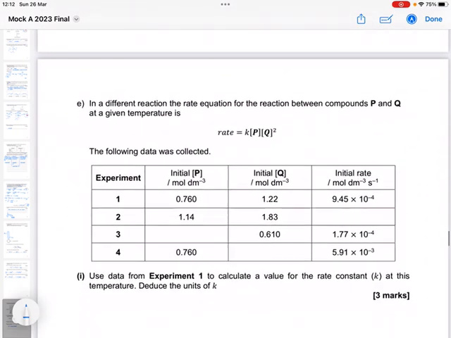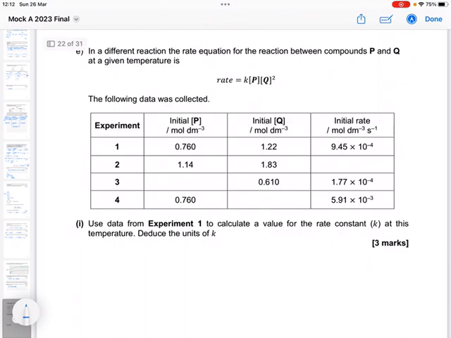Okay. Part E. In a different reaction, the rate equation for the reaction between P and Q at a given temperature is that. Use the data from experiment 1 to calculate the value for the rate constant. Rearranging that rate equation, k equals the rate divided by [P] multiplied by [Q] squared.